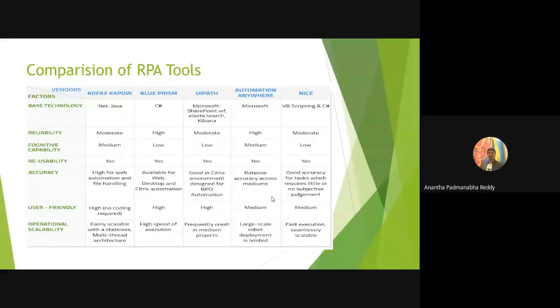From the starting until now, I am concluding when to use RPA and what RPA is. Is it clear? I have quoted two examples: one in the education sector, the next in the medical sector.